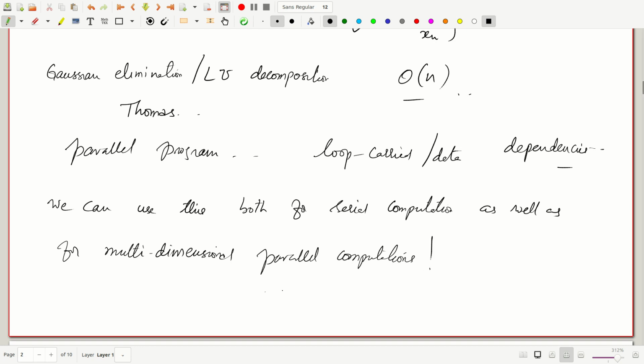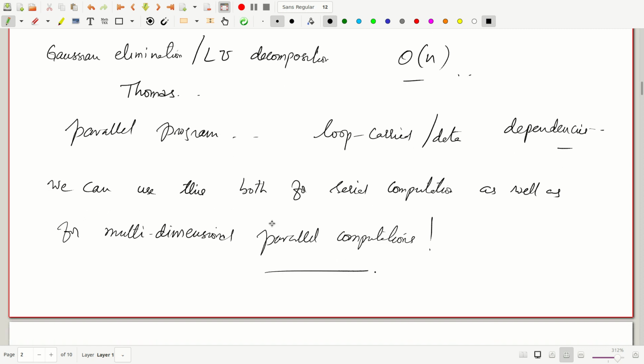We will get back to that a little later, but as of now, in this particular form, if you just have to parallelize this tridiagonal matrix, it is not suitable for parallel programming, owing to the loop carried as well as the data dependencies.